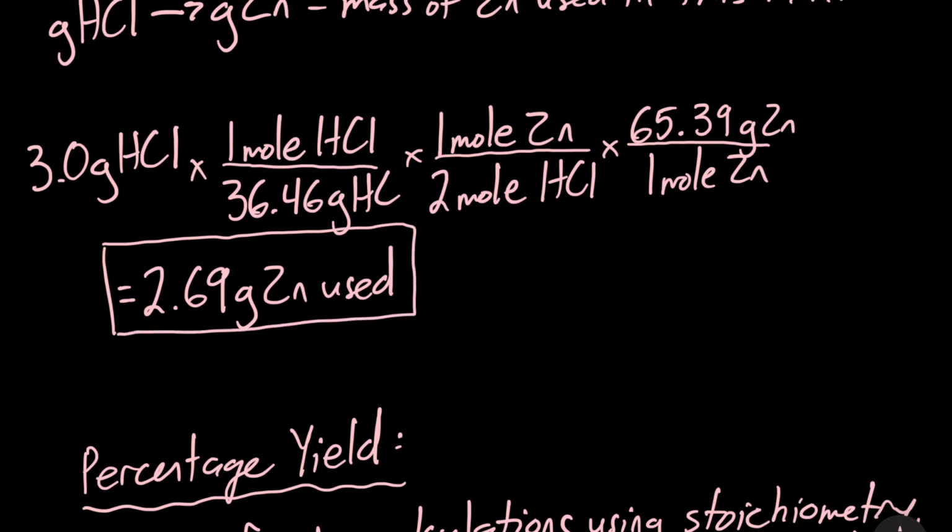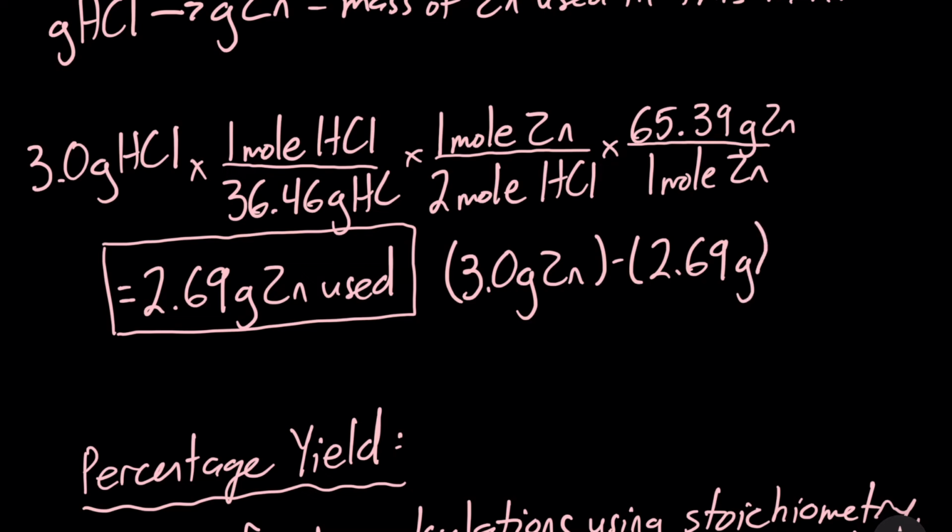Now we can just subtract that from our original amount. So we have 3 grams of zinc, and that is subtract 2.69 grams of zinc. I'm just going to erase that and put zinc in. There we go.